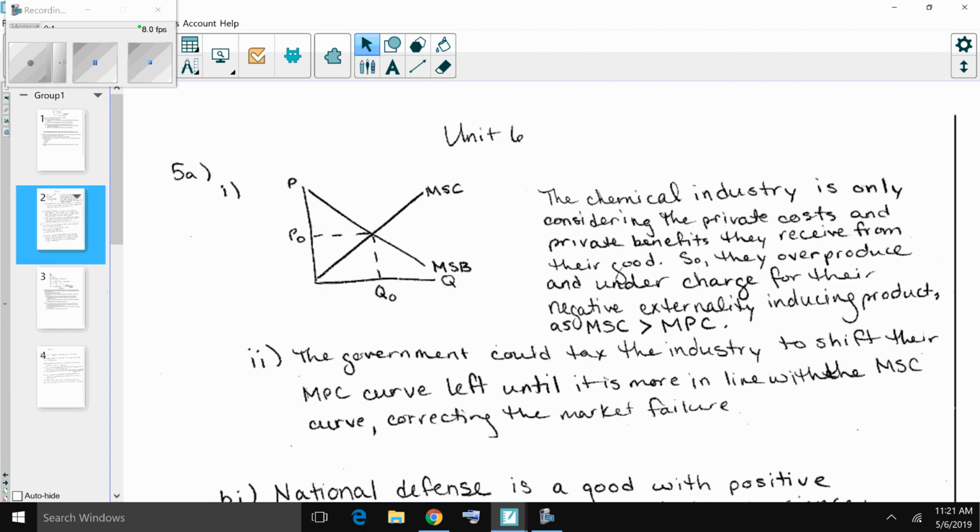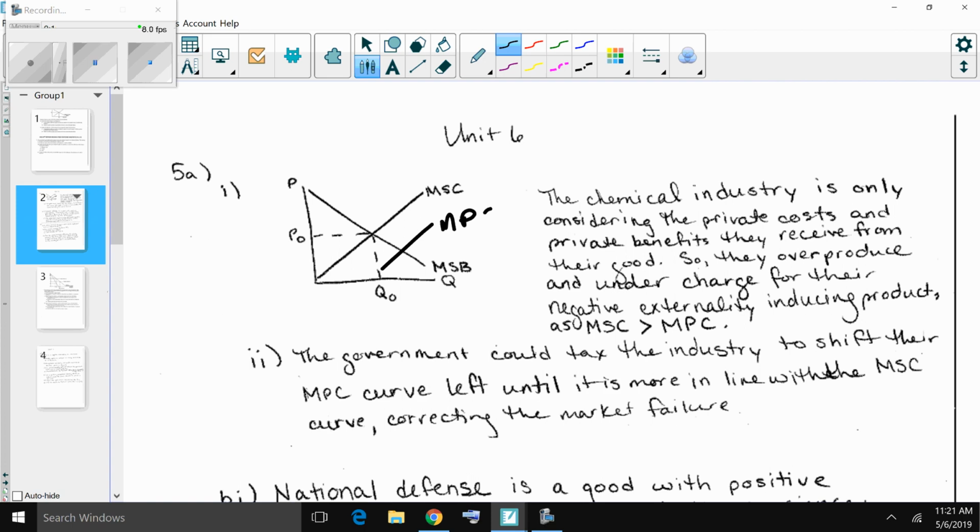So here is our answer. I redrew the graph so I could look at it while I was answering. So 5.1. The chemical industry is only considering the private cost and private benefits they're receiving from their good. So they are going to be overproducing and undercharging for their negative externality inducing product as MSC is greater than MPC. So if they are only considering the private cost and benefits, their private cost would be here, MPC, right there.